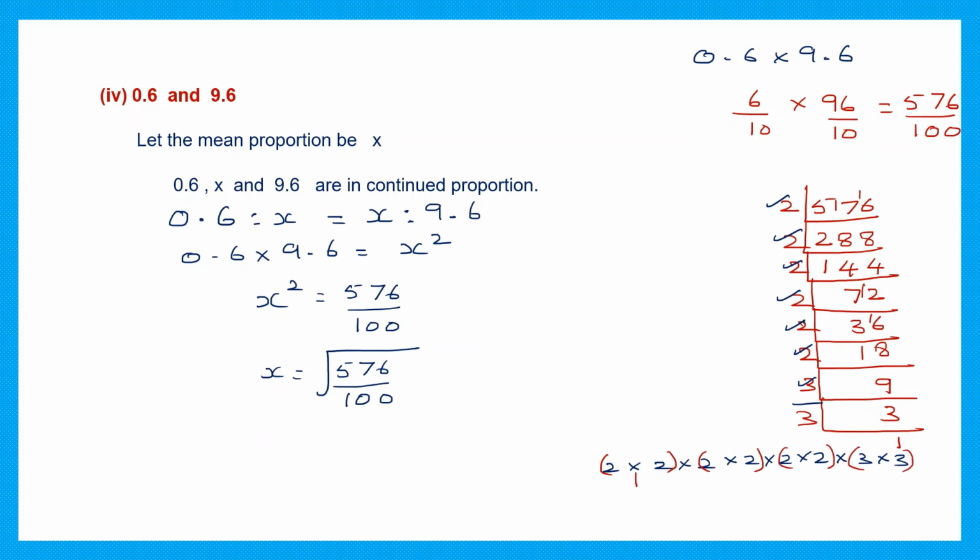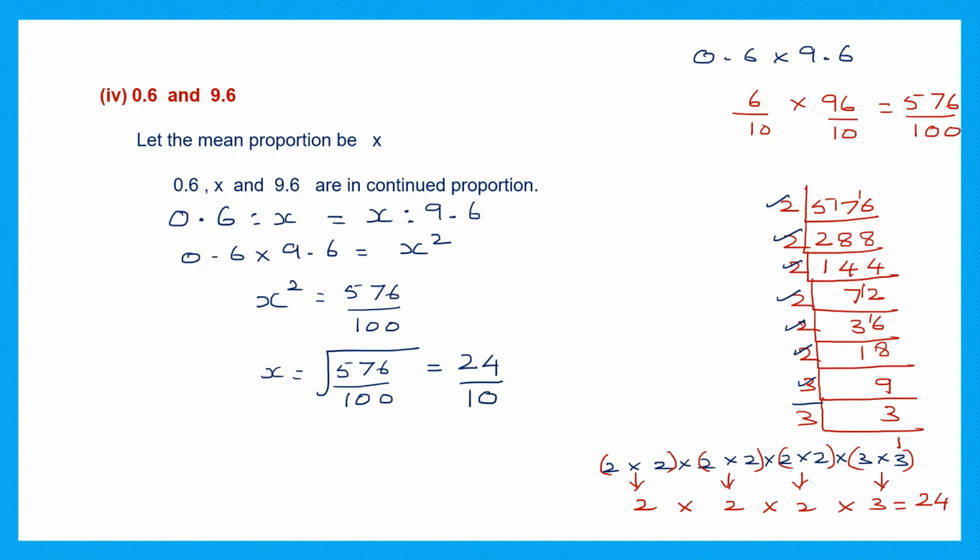Now take one number from each pair: 2, 2, 2, and 3. Now multiply all these. 2 2s are 4, 4 2s are 8, 8 3s are 24. So the square root of 576 is 24, and we found in the previous question the square root of 100 is 10. 10 tens are 100. So x is equal to 24 by 10.